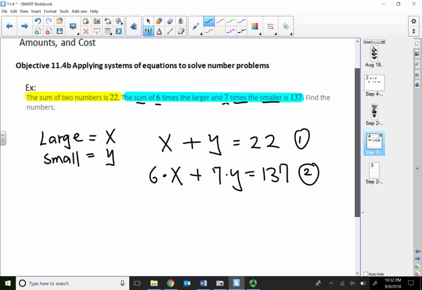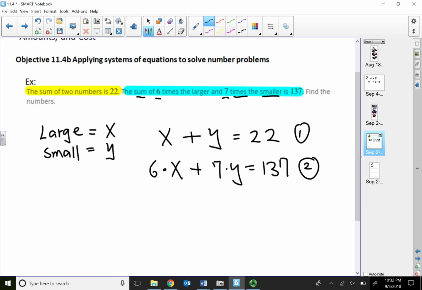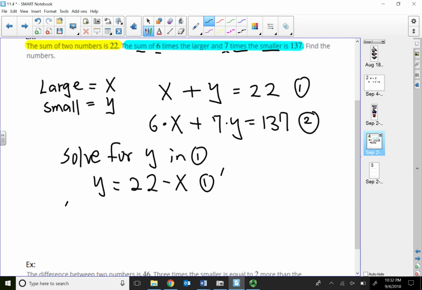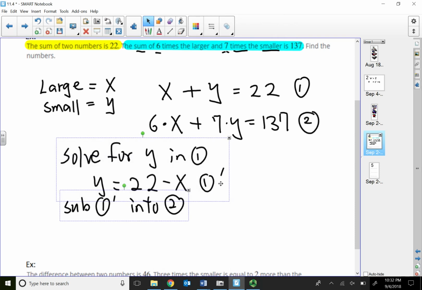All right, let me use the substitution method. I'm going to solve for y in the first equation. So move the x over, so y is equal to 22 minus x. Let's call this first equation prime. Now I'm going to substitute my first equation prime into the second equation.